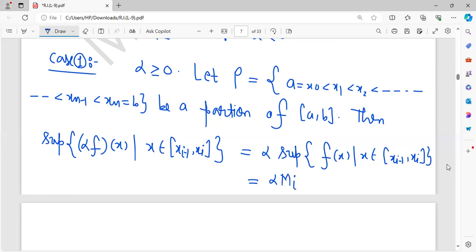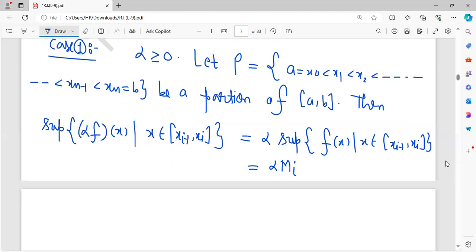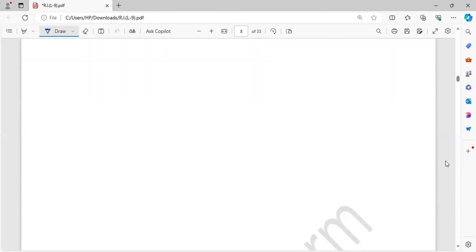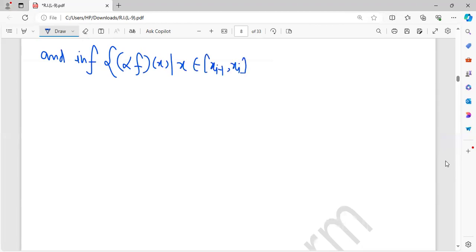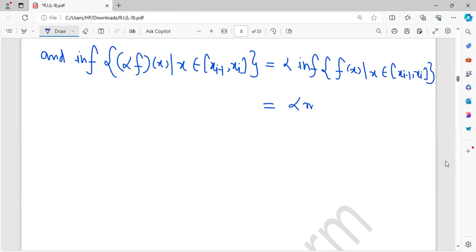And the infimum of alpha f(x), x belongs to [x(i-1), x(i)], is nothing but, because alpha is non-negative, it will come outside: alpha times the infimum of f(x). So what is this? Alpha small mi.